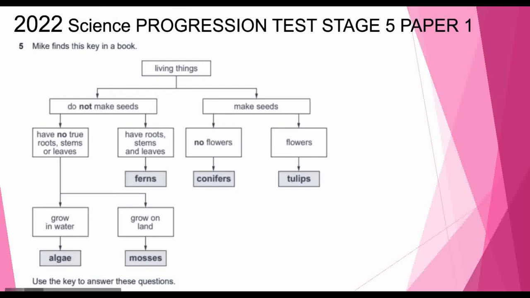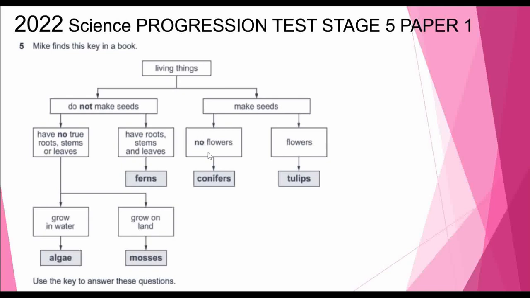Question 5. Mike finds this key in a book. Living things that do not make seeds have no true roots, stems, or leaves, and those that have roots, stems, and leaves will be ferns. Grow in water, grow on land. In water is algae, grow on land is moss.